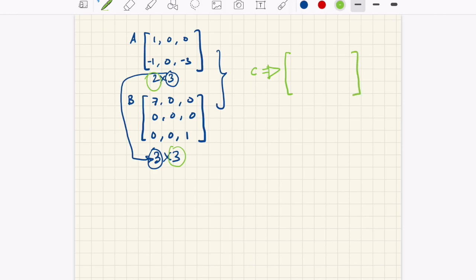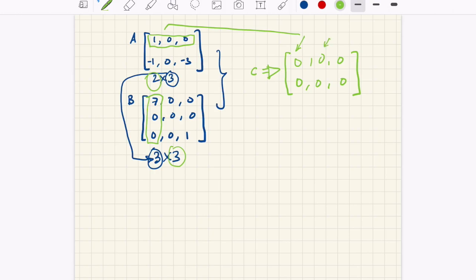And for the values, this is our initialization step, right? The value of the very first element will be the multiplication of the first row of A with the first column of B. That's very important to remember because that's this one.